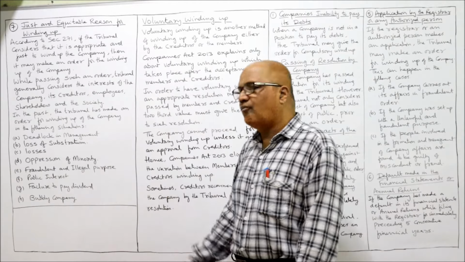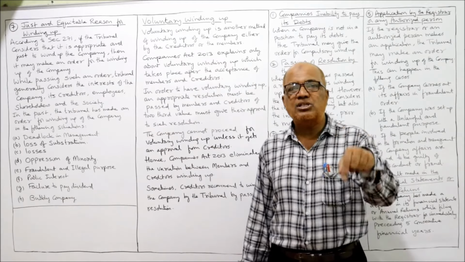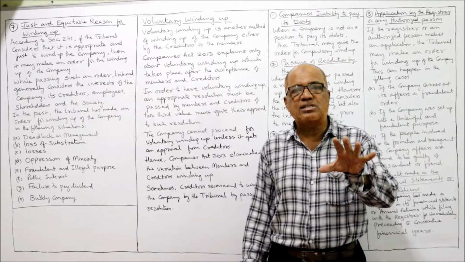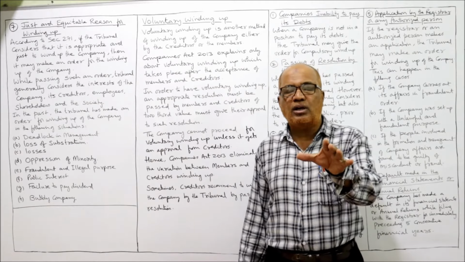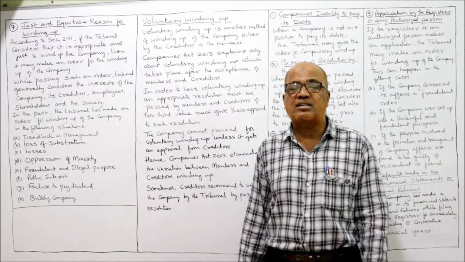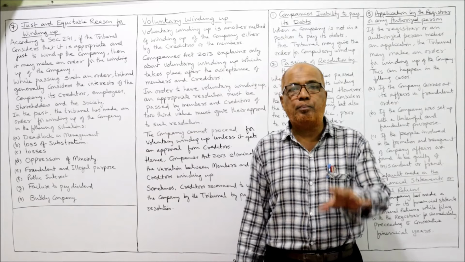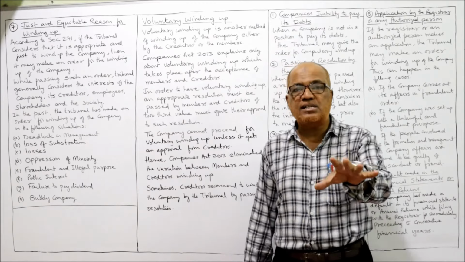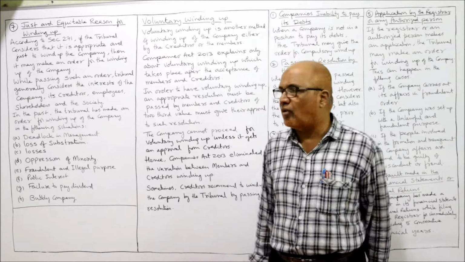Next one is oppression of minority. Sometimes the directors will misuse their power in order to suppress the minority shareholders. If the minority shareholders are adversely affected due to the wrong decisions taken by the directors, the tribunal may order that the company should be wound up.